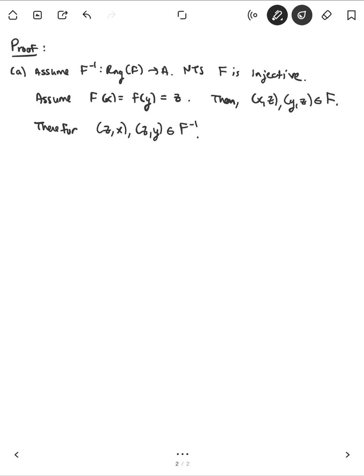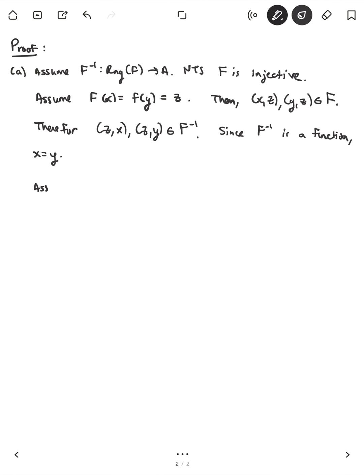But since f inverse is a function, that's the key word, we have that x equals y, which shows that f is injective. Because remember, because f inverse is a function, the same element in its domain cannot be mapped to two different elements. And so x and y must be equal. Okay?